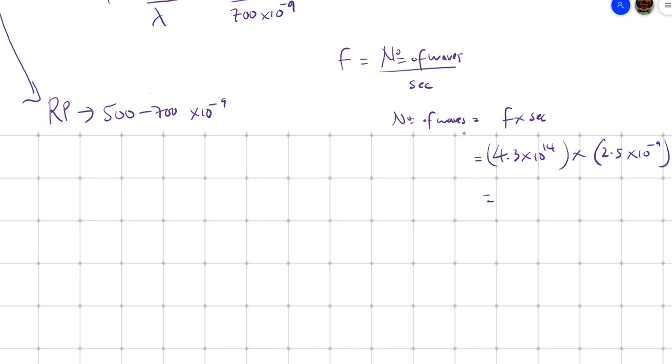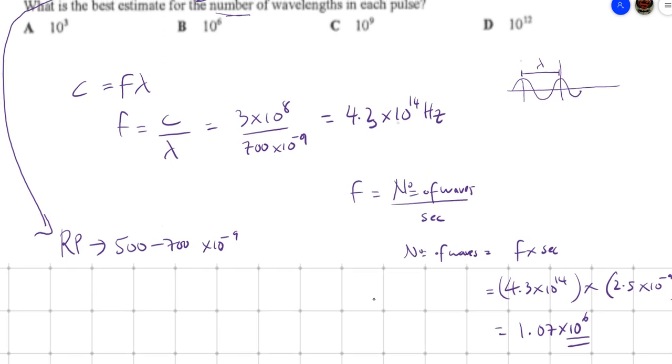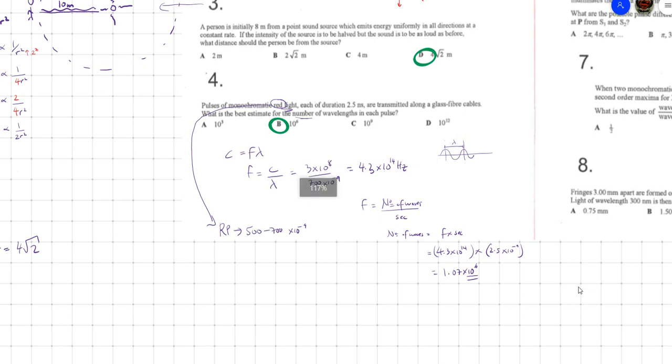And this will give me 1.07 times 10 to the power 6. So the answer is B in this particular case. All good.